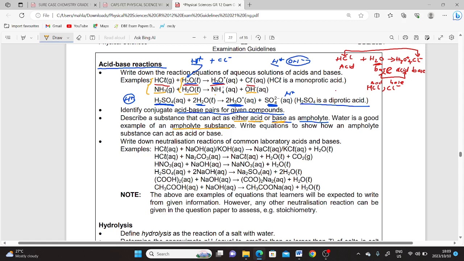Right, next one, they are saying write down the neutralization reactions of common laboratory acids and bases. Now, this set here is the reactions of neutralization. So when you neutralize a substance, it's kind of like doing a titration.